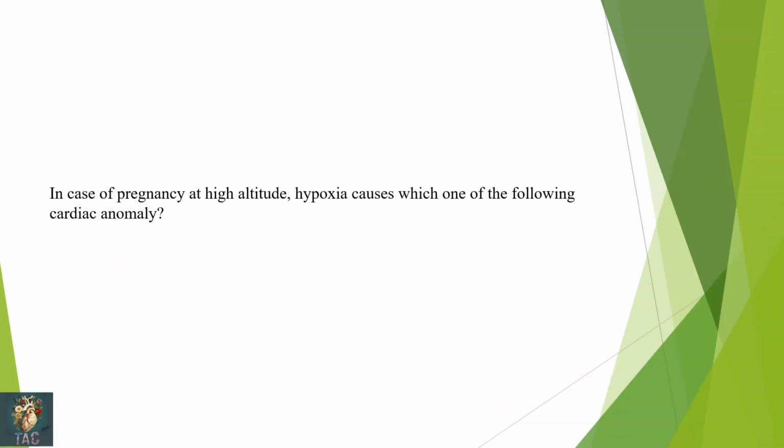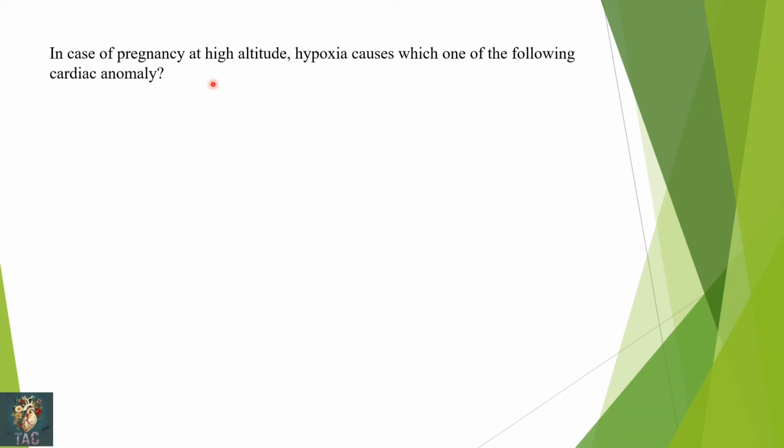Next MCQ is in case of the pregnancy at high altitude, the hypoxia causes which one of the following cardiac anomalies? That is patent ductus arteriosus, the tetralogy of Fallot, the atrial septal defect, ventricular septal defect, and coarctation of the aorta.